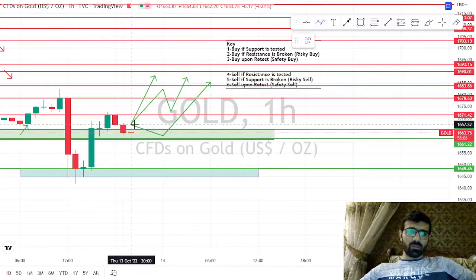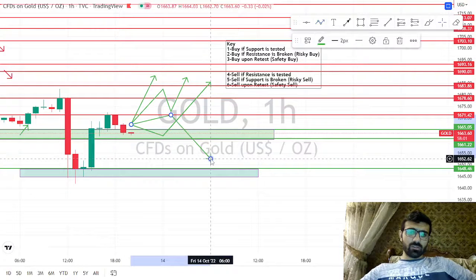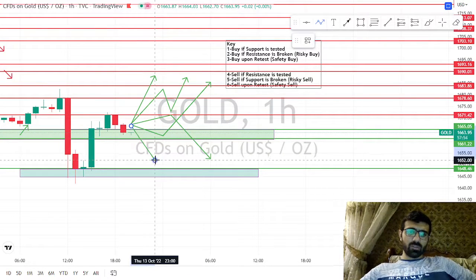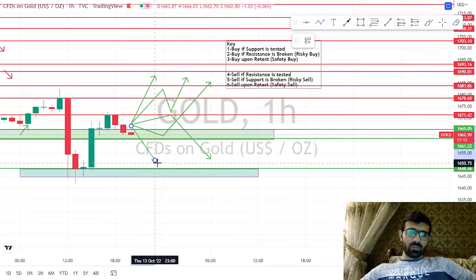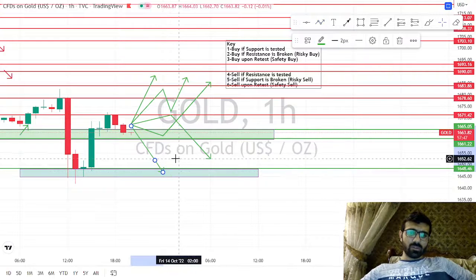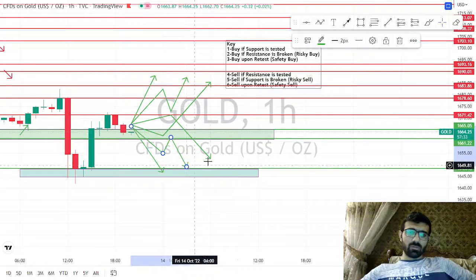Alternatively, if market just simply touches this area of resistance and market closes below this area, then we will sell this pair. And if market just simply closes below this area, then we will sell this pair. And if market closes below this area and then retests this area, then we will sell this pair.